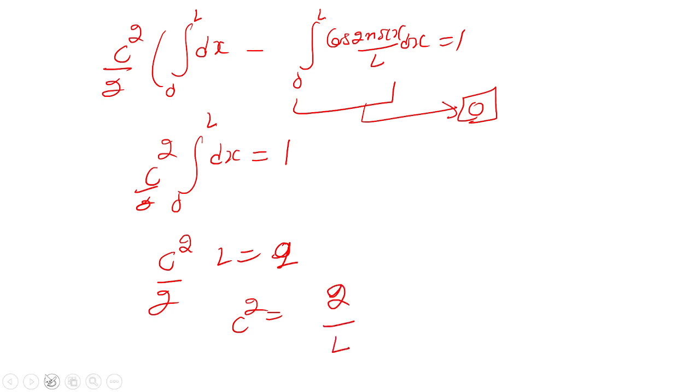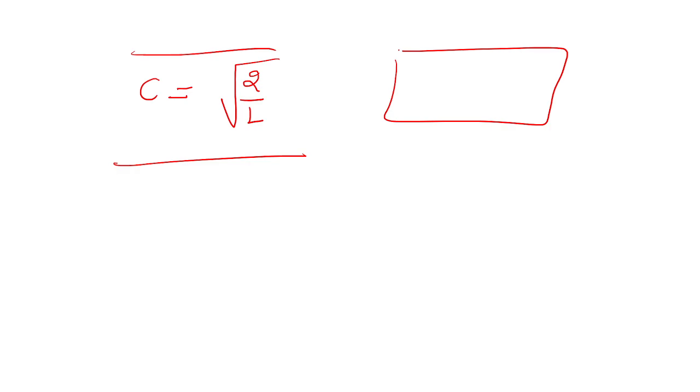And the value of c that we get in the final expression is the square root of 2 over L. What is this L? L is the length of the box in which the particle is present.